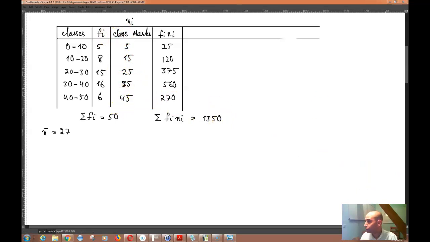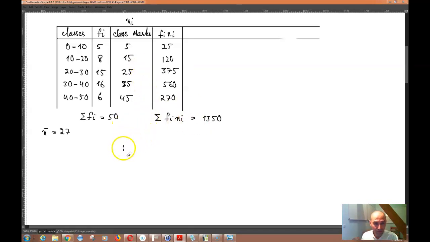So now we can move forward to calculate the variance for this data.